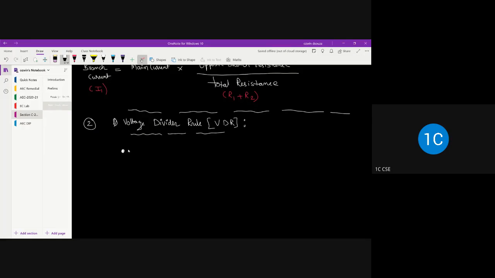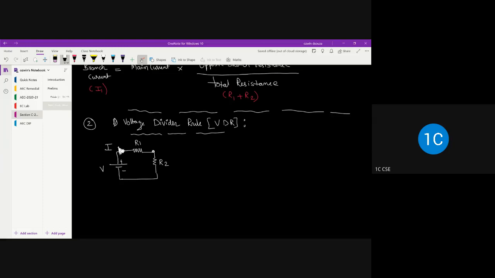So let's consider two resistances connected in series, R1 and then R2. They're connected in series across a battery having potential V volts. Let I be the current flowing through the circuit.